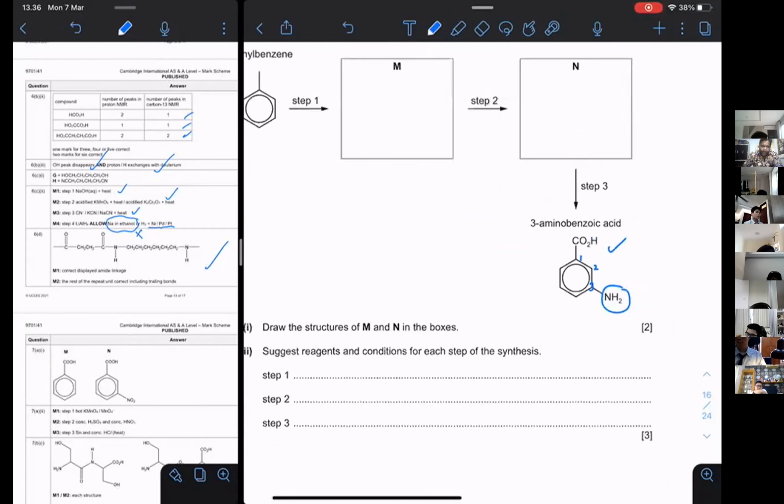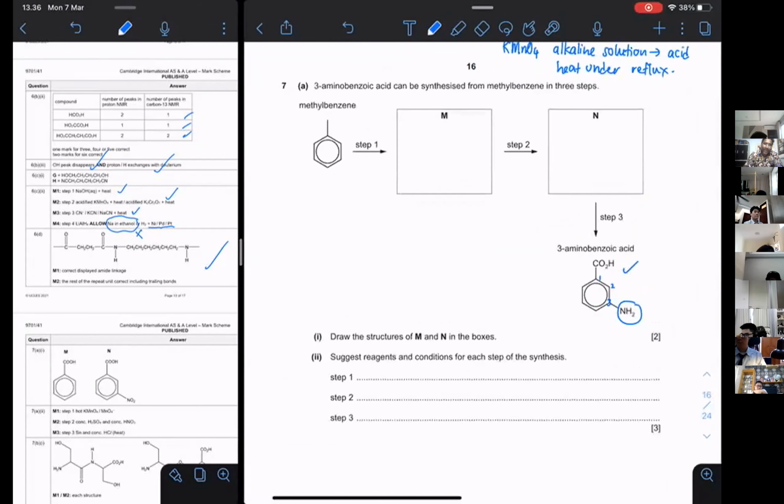If I want to have the NH2 directly, I cannot add it directly. The NO2 will come over there first. I cannot just add directly because methyl is going to be position 2, 4, 6 directing.